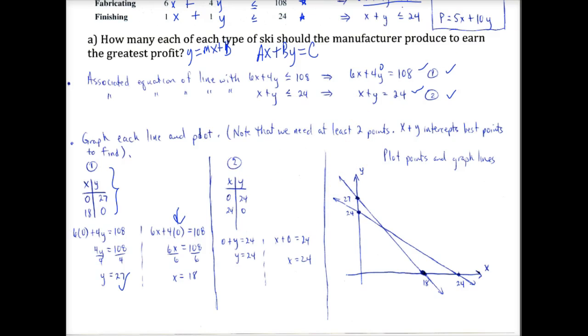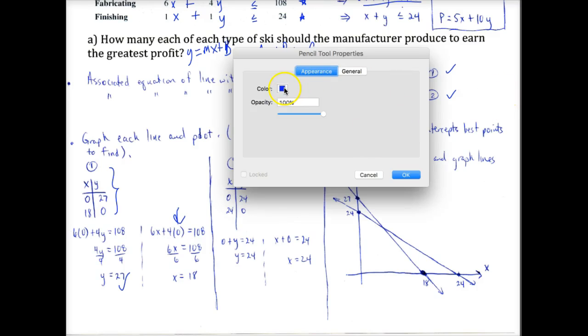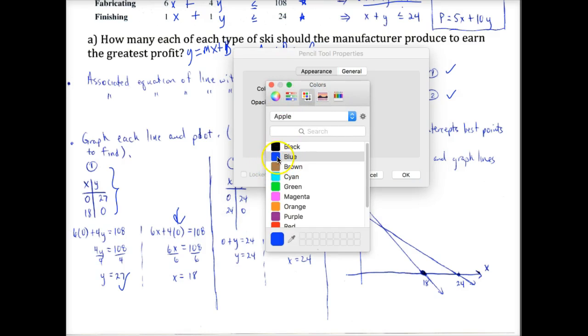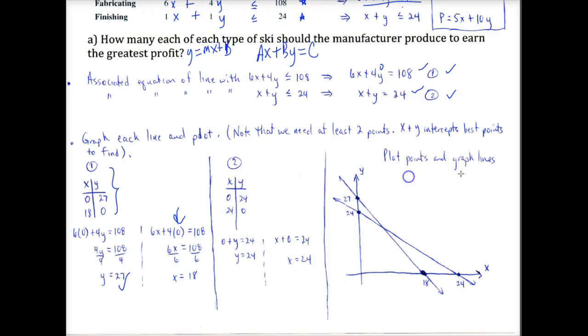The one thing that I don't have on here is our constraint equation for the inequality. Let me change the colors here for just a second. So we don't have the associated line for x is less than or equal to 15, and that will actually be x equals 15.